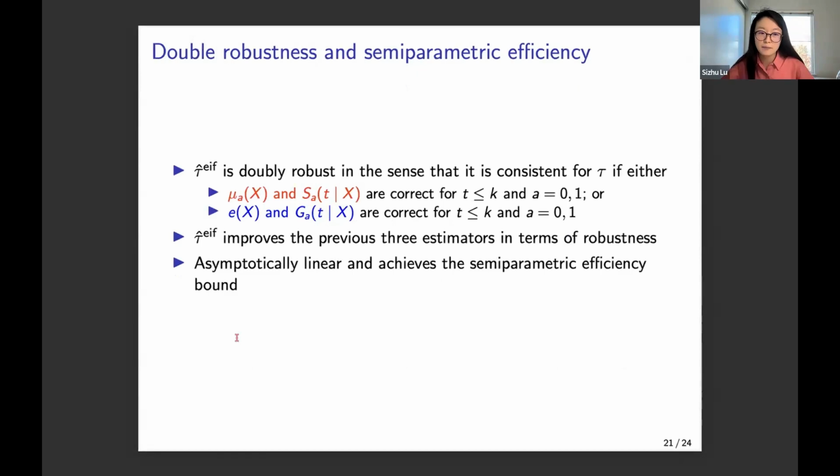The first set is the two outcome nuisance models, and the second set corresponds to the weighting estimator. We can show this efficient influence function estimator improves all the previous estimators in terms of robustness, and it will achieve a semiparametric efficiency bound under some conditions on the nuisance estimation.